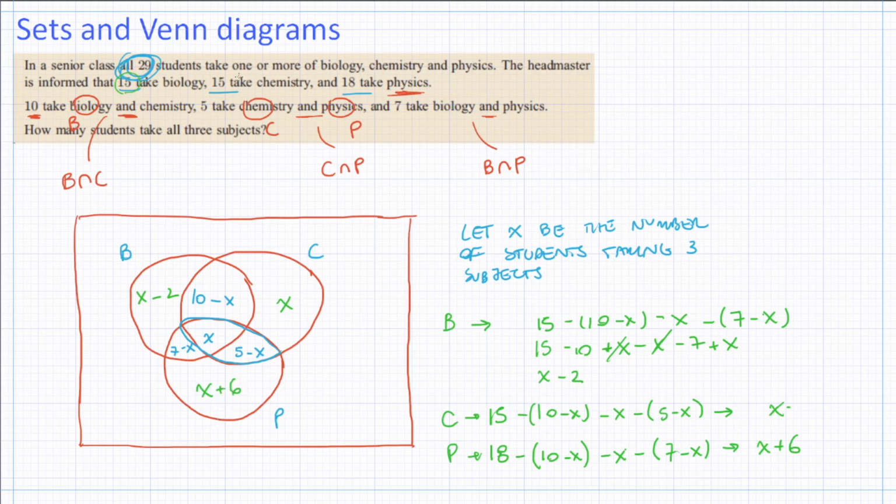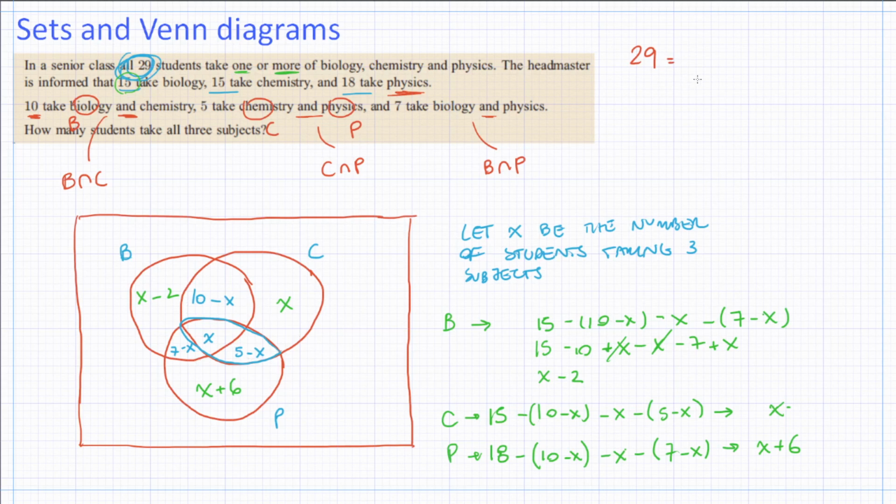Now, we know that students take one or more of those subjects, so there's no one outside of those sets. And we know that the total number of students is 29. Therefore, 29 should be equal to the sum of all of those things.